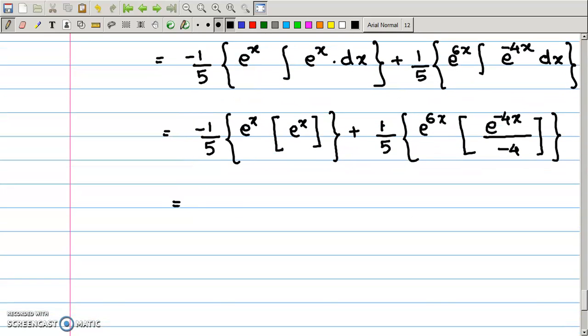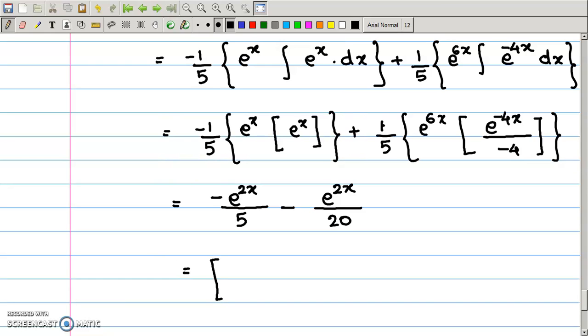So if we simplify this, this will become minus e raised to 2x upon 5 minus e raised to 2x upon 20.